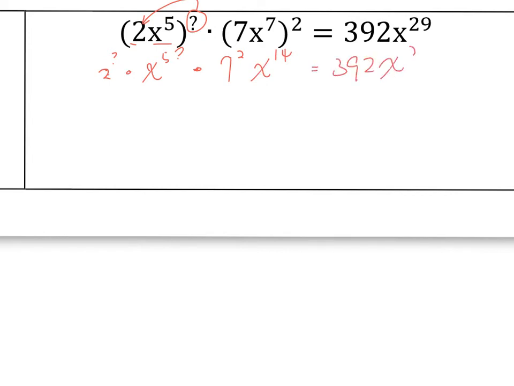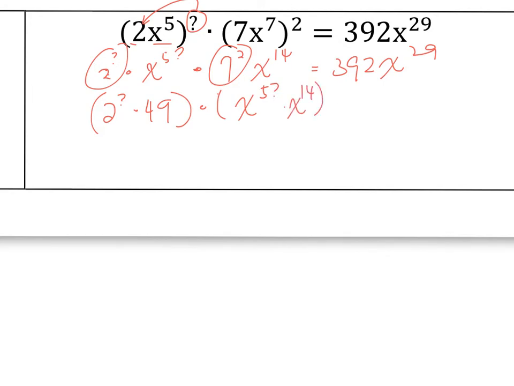I'm just going to copy this. Now I'm going to rearrange my numbers. So this will be 2 to the question mark times 49 x to the 5 question mark times x to the 14th power.